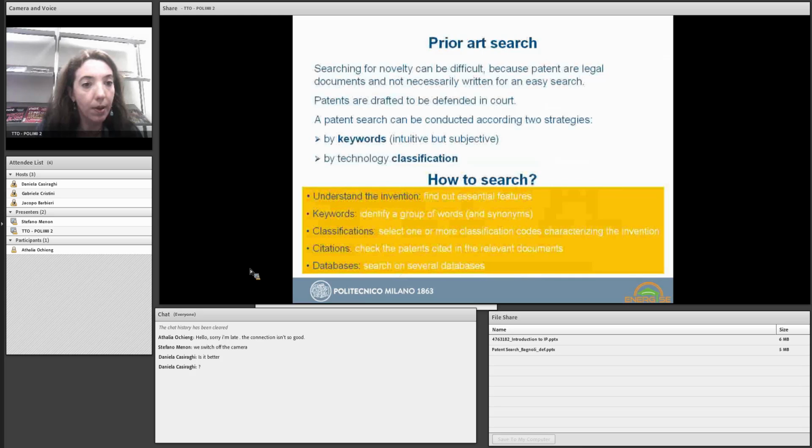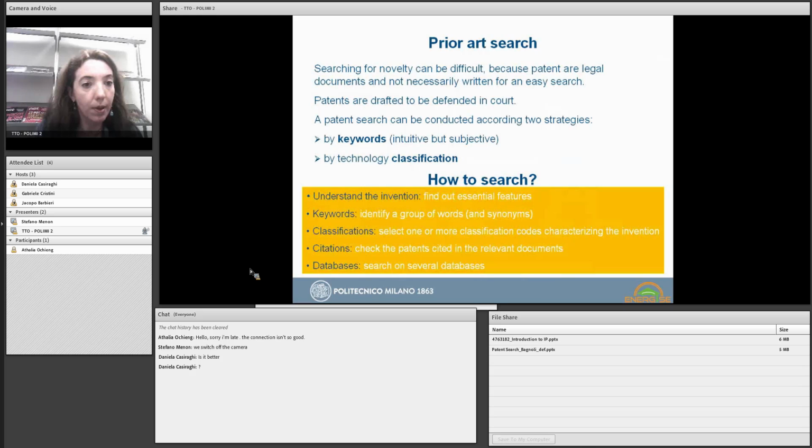How to perform a patent search? Well, it's not easy to find a patent, because sometimes patents are not written in an easy way. They are written as a legal document to be defended in a court. So I can't easily find the keywords to find the patents in the field I'm interested in.